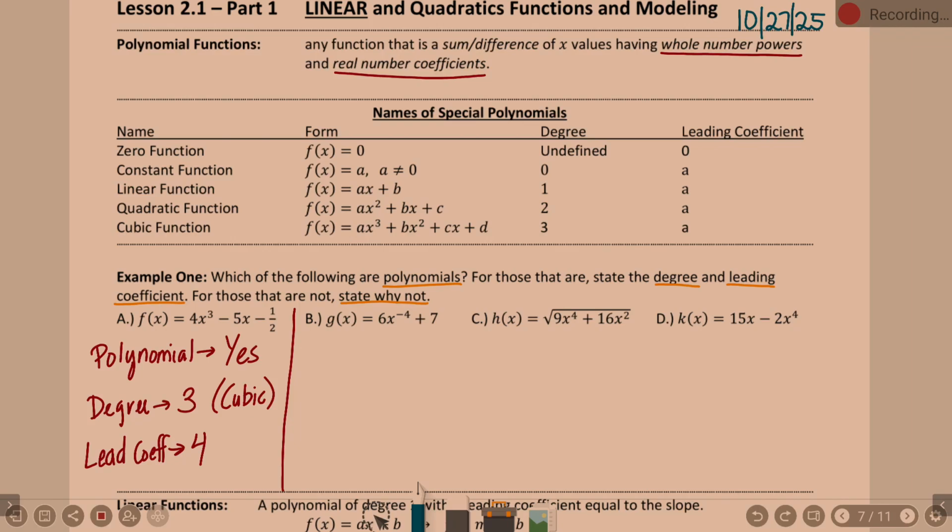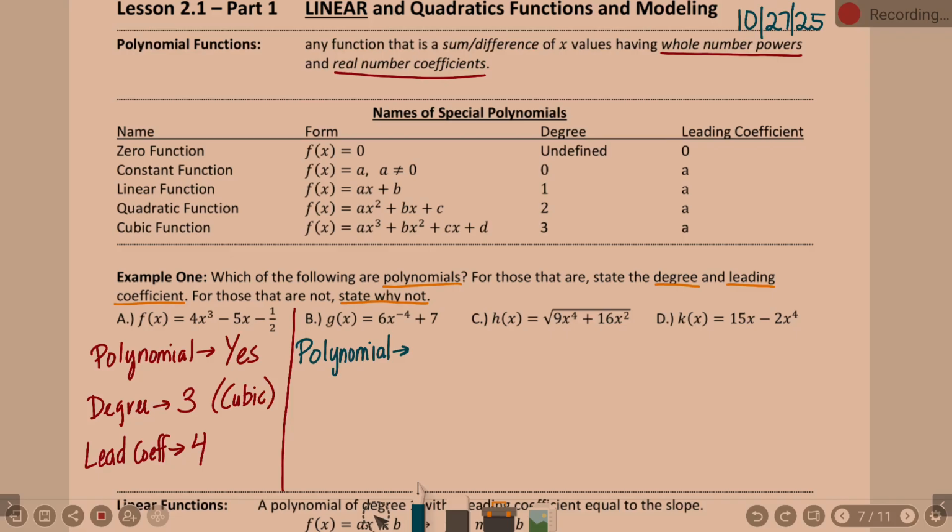Okay, B. Same questions. Starting off with, is this a polynomial? No. Why not? Because there's a negative 4 as an exponent. And what's wrong with a negative 4 as an exponent? Not a whole number.